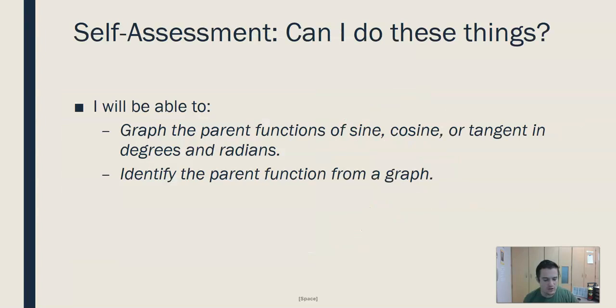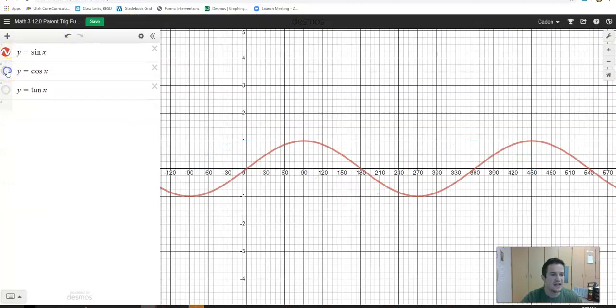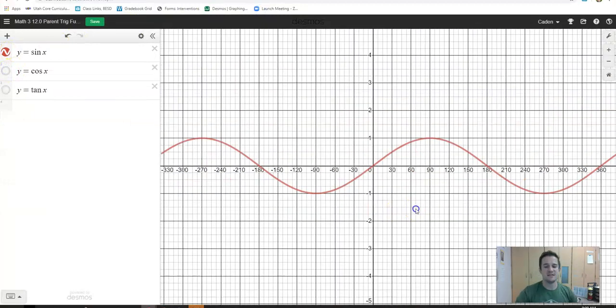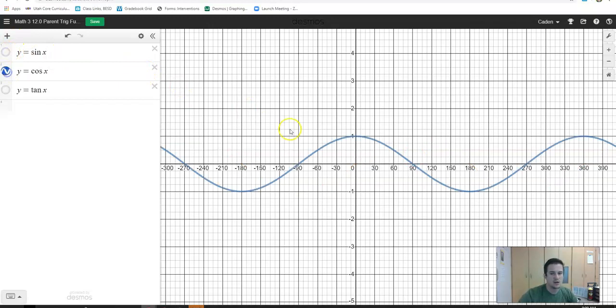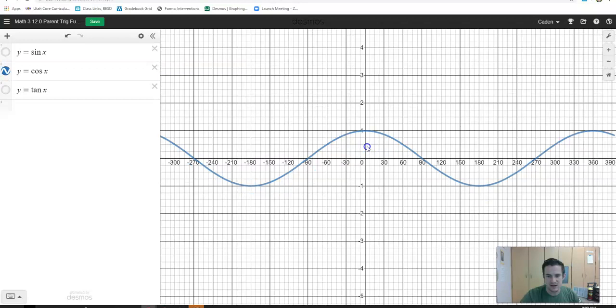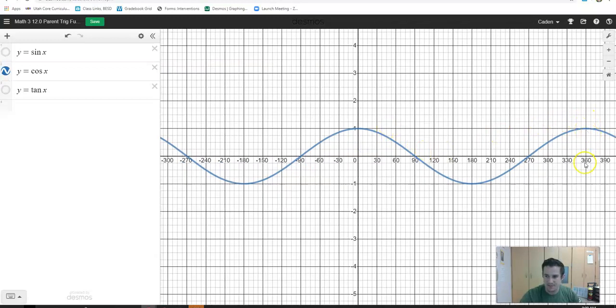So those are some of the characteristics of some of these parent trigonometric functions. Again, if I want to show you on Desmos, this is my sine function, starts at 0 and goes up to 1 and down to negative 1, making a full cycle every 360 degrees. Cosine starts up here at 1 and cycles through a full cycle over 360 degrees and ends up at 360 and 1.